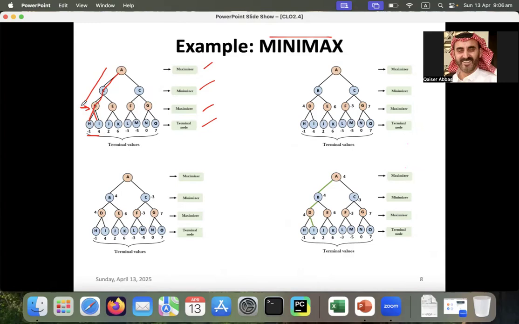Maximum value, because this brown level is the level of the maximizer. It will not accept the minimum value, it will accept the maximum value. So that's why you are seeing the value 4 at node D. Similarly, for these two, J and K, E is the level of max, 2 and 6. The maximizer will accept value 6 at node E.